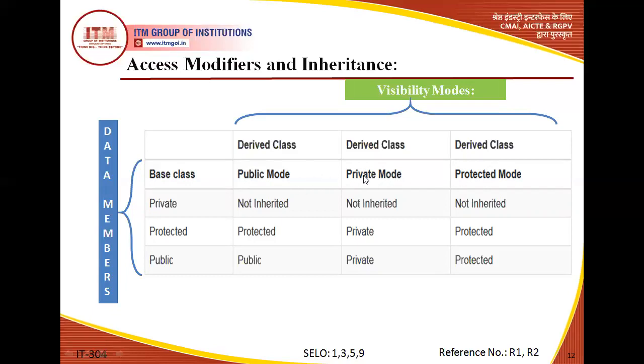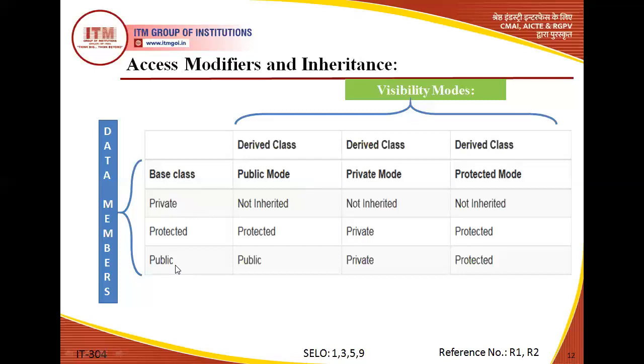These three modes say how you are going to inherit your parent class into the derived class. And these three also apply to the data members: your data member may be private, protected, or public.